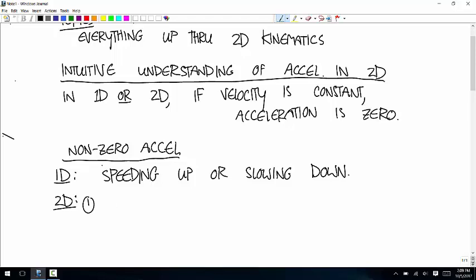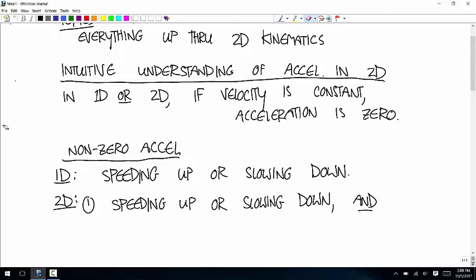So first, it can still do this. And this new thing is it can also cause objects to turn. So if the direction of the velocity is changing, that's also acceleration. In 1D, there was no such thing as turning because you're stuck on a path. But in 2D, you have a lot of options where to go, and so turning is a thing.